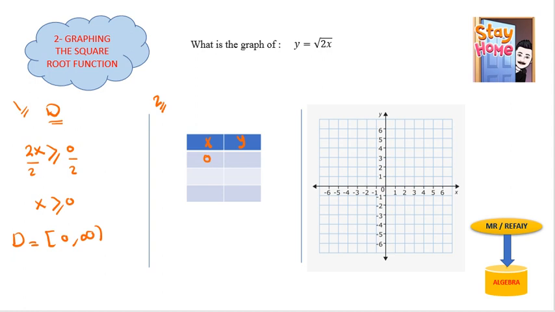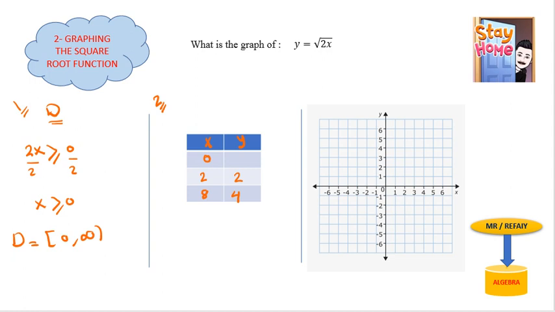For example, here we can choose 2, because 2 times 2 is 4, so root 4 is 2. After that we can choose 8, because 2 times 8 is 16, and root 16 is 4. So this is the second step.